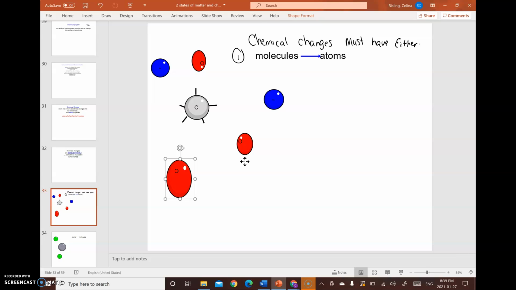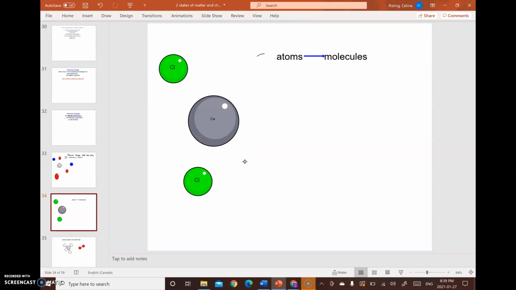We have some oxygen, some sodium, and some carbon, and they're all separate now. But same if it was the reverse, if we went from atoms to molecules. If all of a sudden this chlorine bonded with this calcium, now we have a chemical change. We created something new.